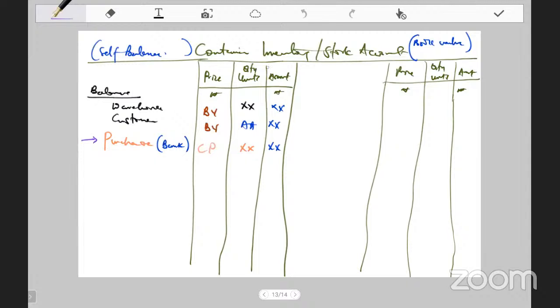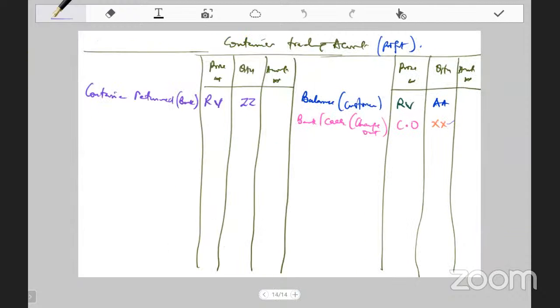If you look at them, I will keep them in the container inventory account and they will be at book value. But the one in the hands of the customer will be monitored in the container trading account. But when we get to the container trading account, we are not going to use book value. We are going to use returnable value.